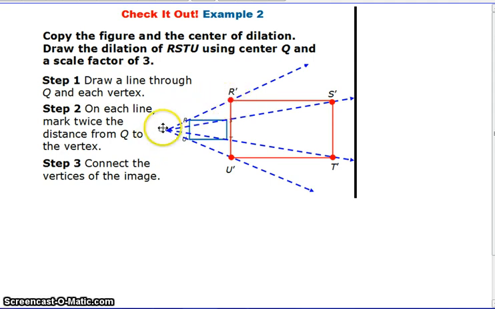If Q to R is 1 unit, then Q to R' is 3 units. Okay? Let's imagine that from Q to S is 2 units. And so we would travel from S to S' twice that distance, so 4 units, right? Or going from Q to S' would be a total of 6 units. Okay? And so on. So we have increased by a scale factor of 3.